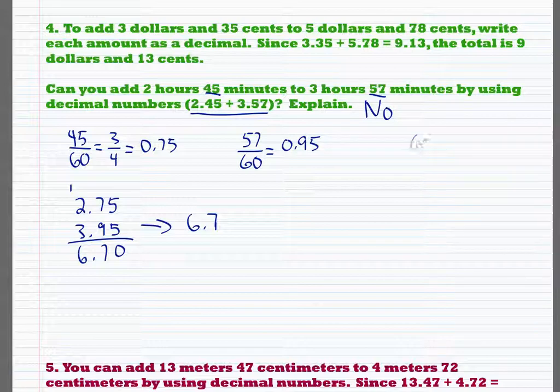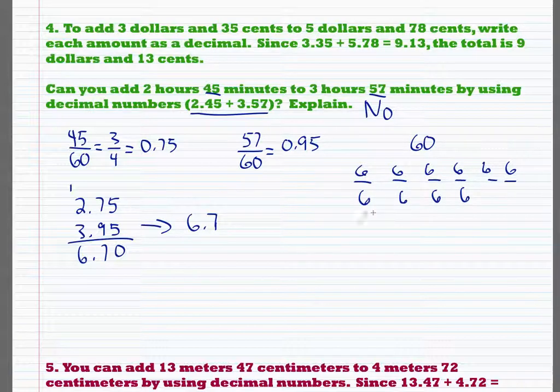All right, now 6 7/10 of an hour. If I take 60 minutes and break it up into tenths, every tenth would be 6 minutes, because 60 divided by 10 is 6. So if I'm looking at 7/10, I have 1, 2, 3, 4, 5, 6, 7 tenths. 7 times 6 is 42.